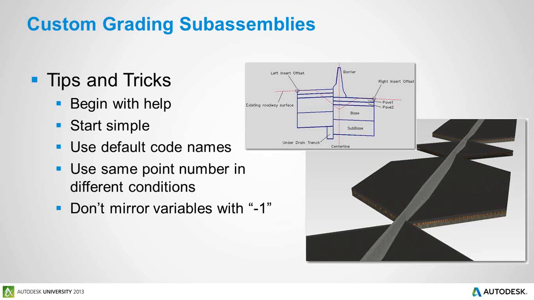Cross sections look good, but with the feature lines, in the picture I have here, when we used the corridor solids extractor, our geometry zigzagged up and down the road. That's the model we got when we tried to do a 3D solid. So don't use -1. We ended up revising it and redoing it. One version calculated everything based on the right side being lower, and if the left side was lower, we recalculated it all again, so we could keep all of the left feature lines on the left side and all the right ones on the right side.